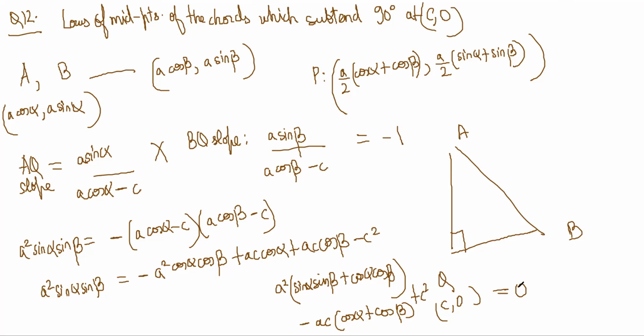So we have three equations actually. We have h, k, and this one also. I will just write all of them on top. h was equal to A by 2 into cos alpha plus cos beta. k was equal to A by 2 into sin alpha plus sin beta.